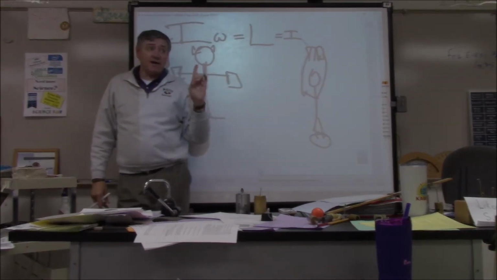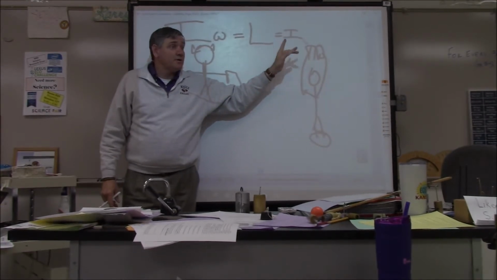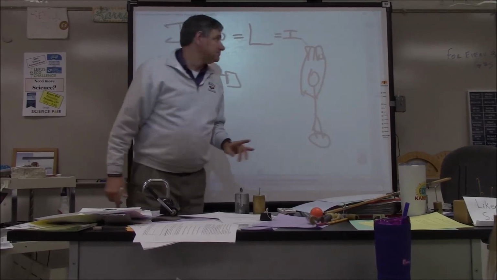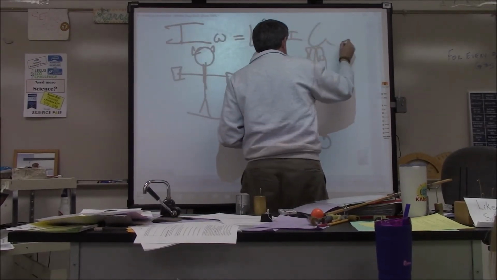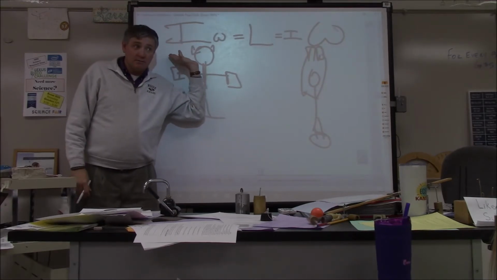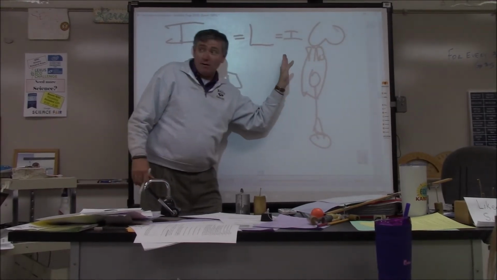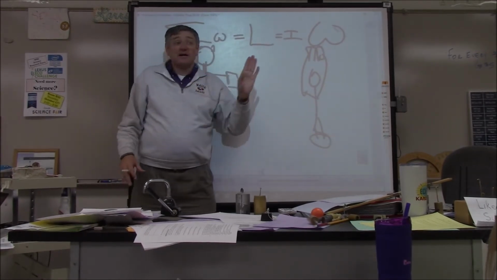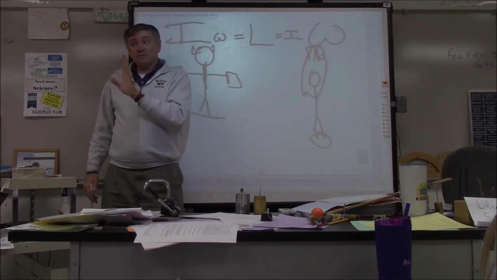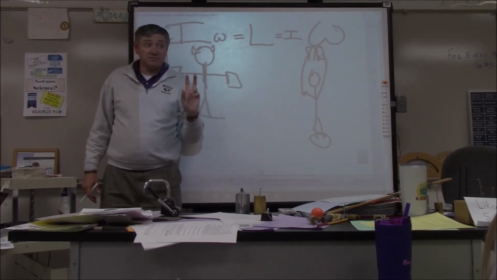We had to conserve angular momentum. So what happened to the rate of her spin? It went up. It got bigger. So if you want a small I, you want a big rate of spin; if you want a big I, you're going to have a small rate of spin, because you always produce the same value of L. Now, here's the cool thing. To a certain extent, you can make the argument that this is sorcery.